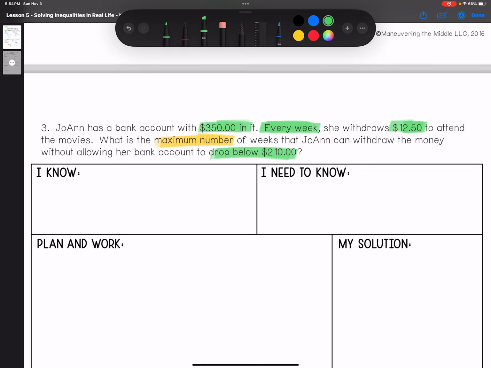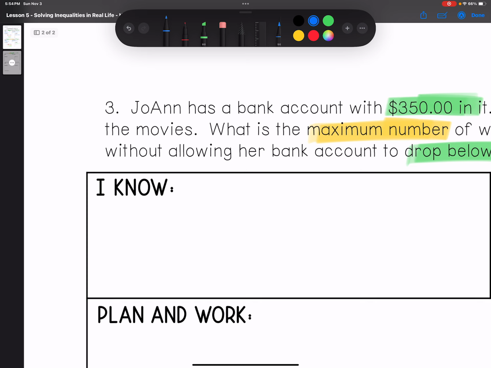So let's write what we have. What do I know? I know that she has $350. The movies cost $12.50 per week.